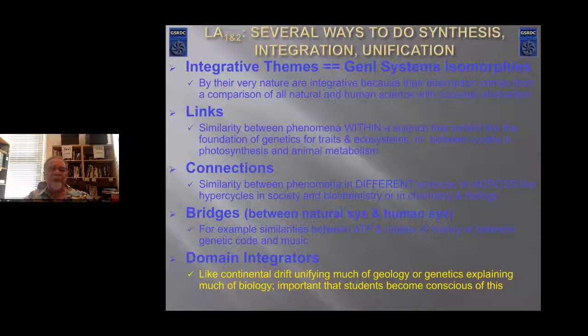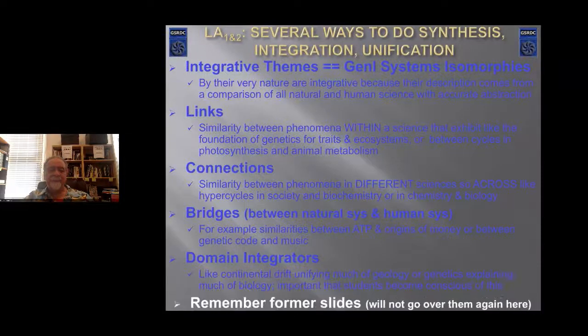Then there were domain integrators we concentrated on, like continental drift unifies much of geology, or genetics explains much of biology. I spent 40 years teaching the basic course in genetics, from cell molecular to ecological, in my department of biology.